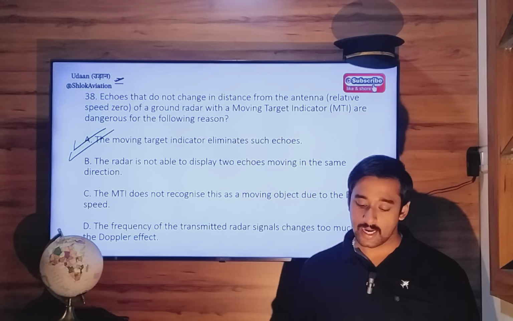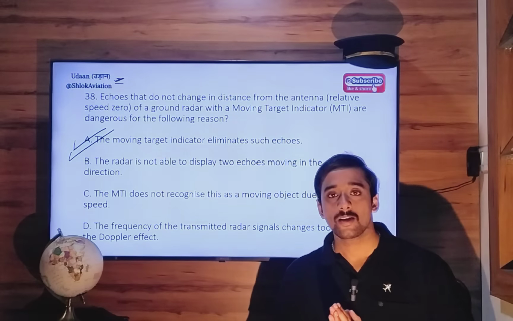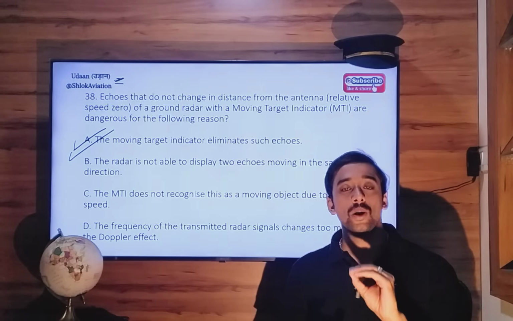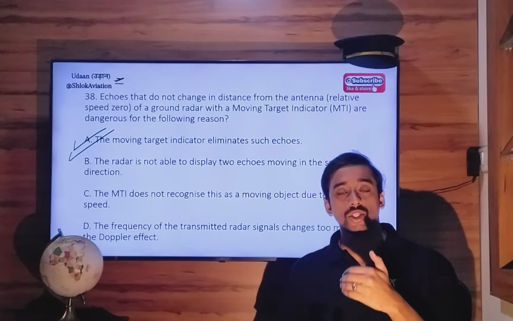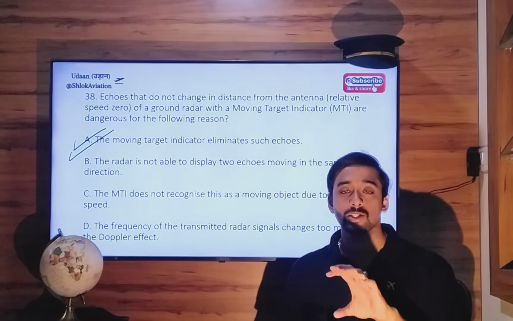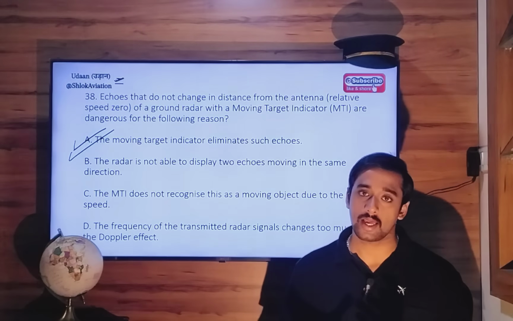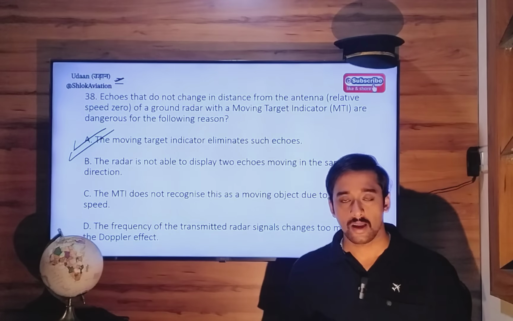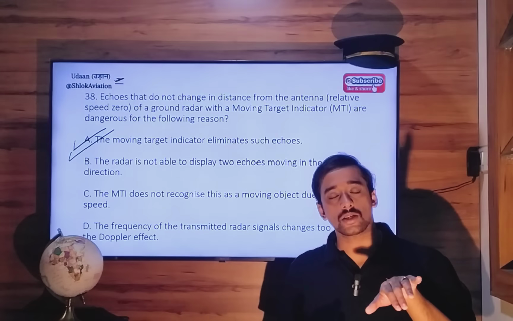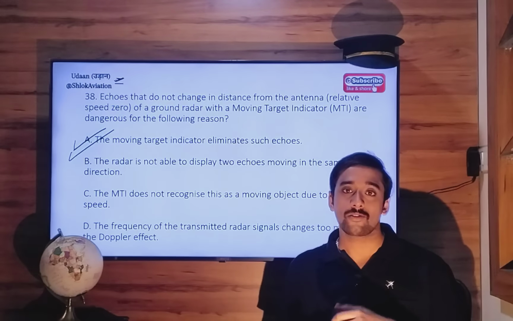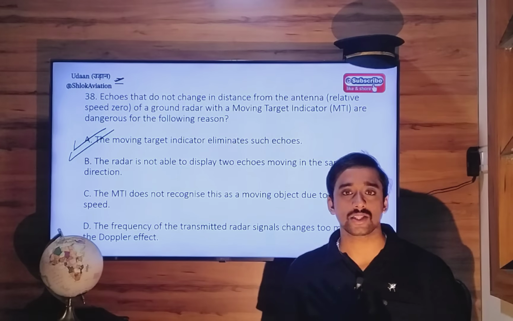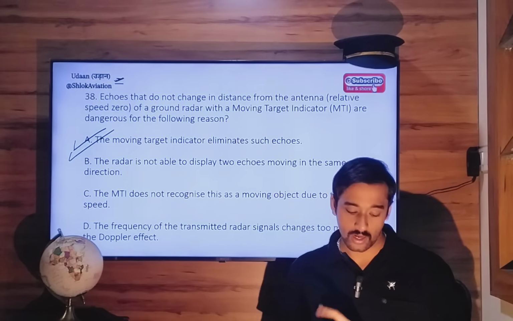Now moving target indicator is a special radar display which will only display the signals or radar blips generated from moving targets like aircraft and helicopters. It will eliminate echoes, reflections of radar beams from fixed targets like mountains, buildings, and structures like that. Remember that.